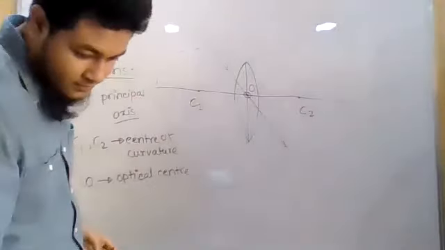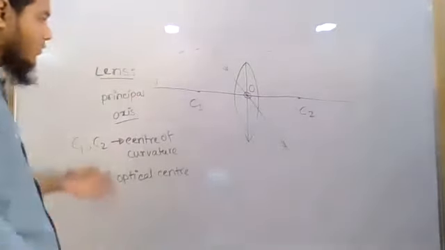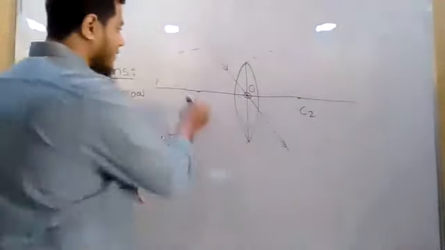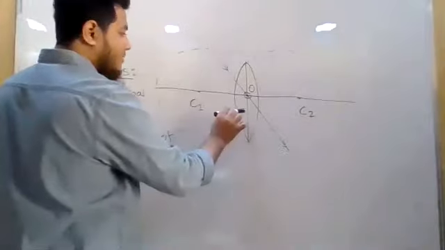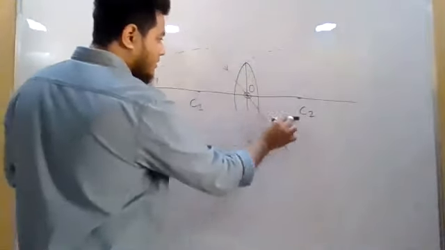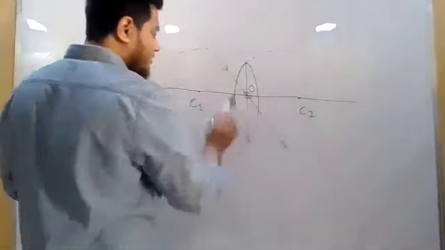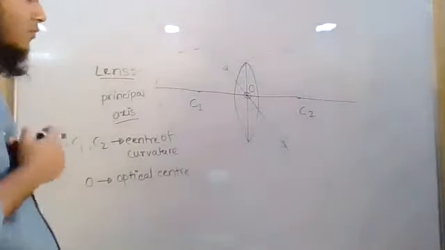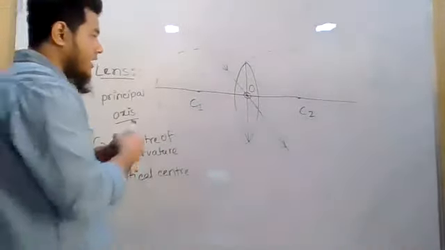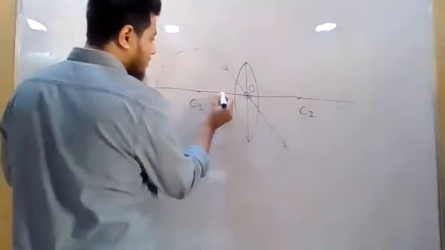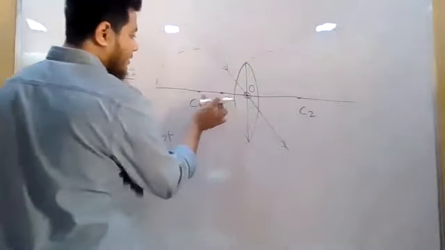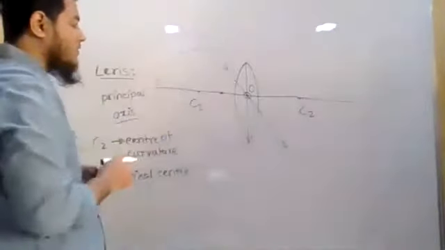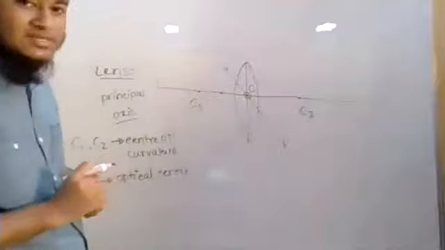Then what we have, the principal focus, I already explained, right? Light rays incident parallel to the principal axis will pass through a certain point on the principal axis, and that will be called the principal focus. So we know that the principal focus will be the middle point between the center of curvature and the optical center, right?